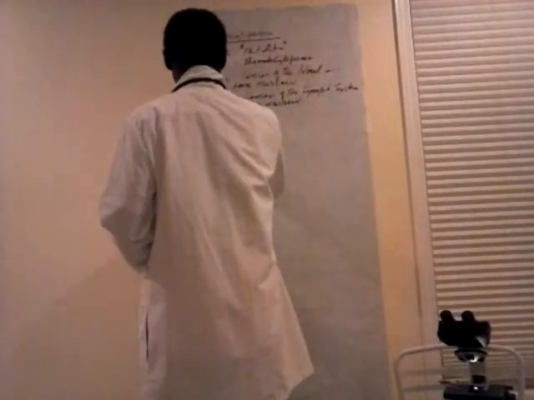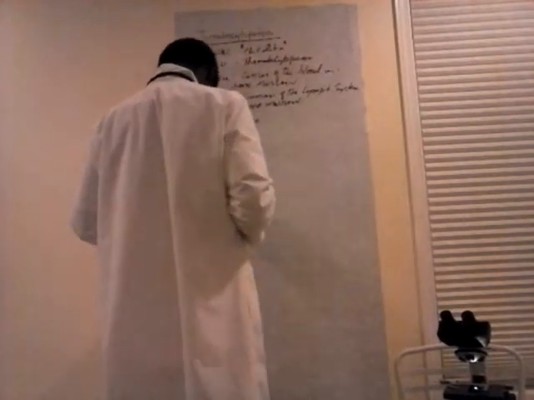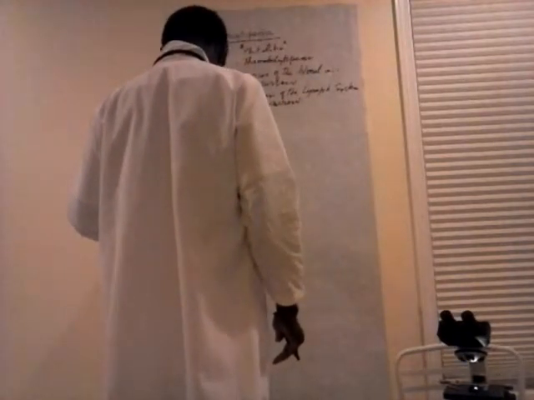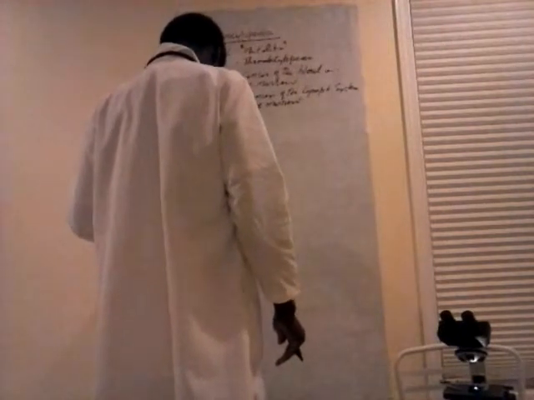Aplastic anemia. In aplastic anemia, this is a disease that prevents the bone marrow from making all types of blood cells.